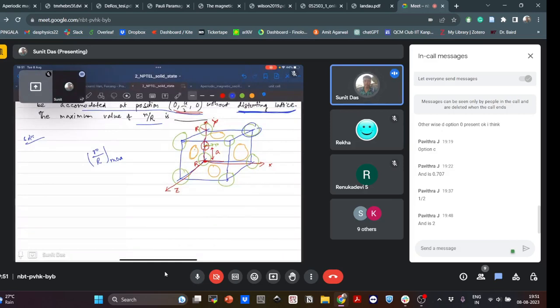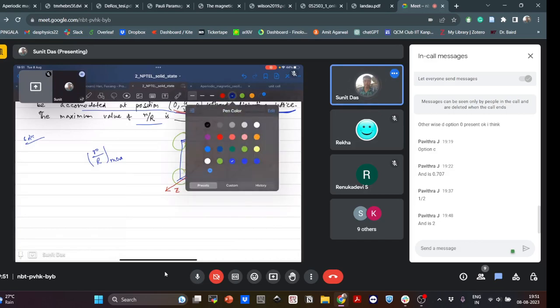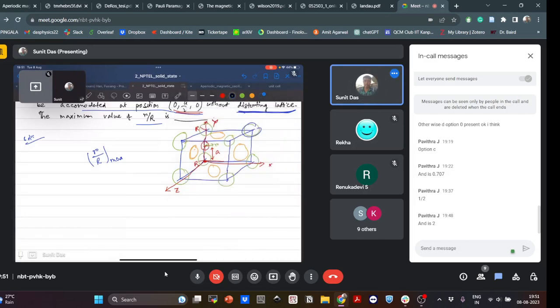What we can find from this: I am not touching the atoms to each other because this will be very congested then, but these will touch each other.